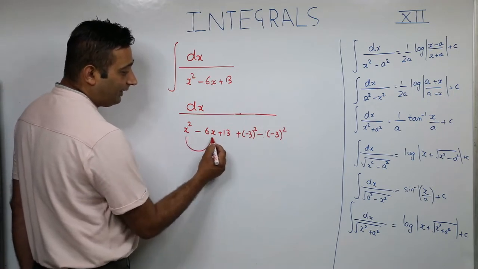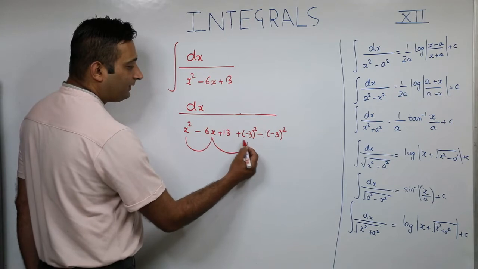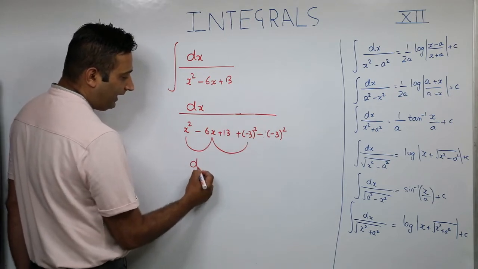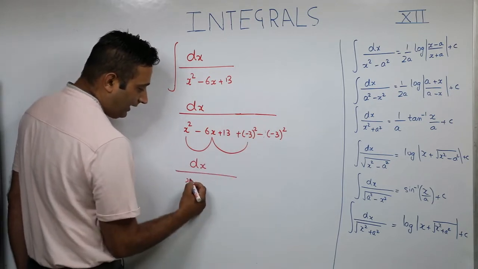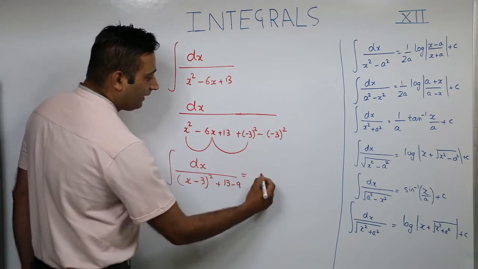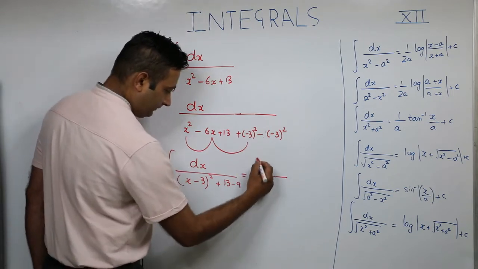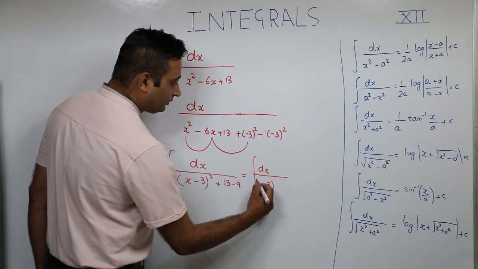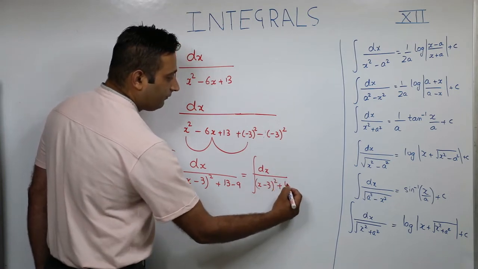Then x square minus 6x and minus 3 square can be written as dx upon (x minus 3) whole square, plus we are left with 13 minus 9. So we are left with dx upon (x minus 3) whole square plus 4.